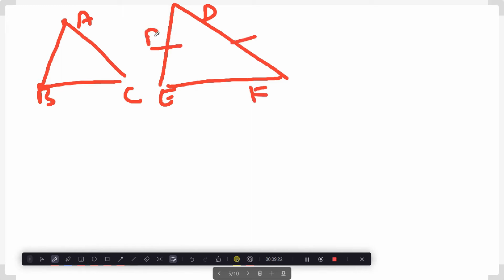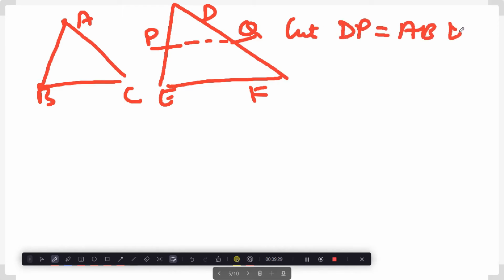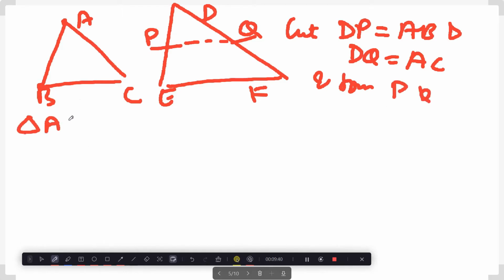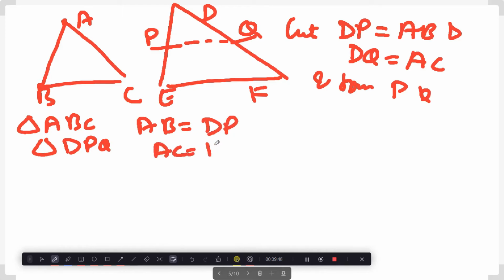Right now we are just taking one side. We have cut DP equal to AB and DQ equal to AC and join PQ. Okay. Now if you just look at triangle ABC and triangle DPQ, AB equal to DP, AC equal to DQ, angle A equal to angle D. How is angle A equal to angle D?